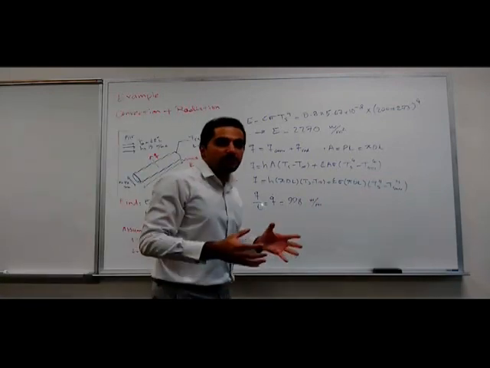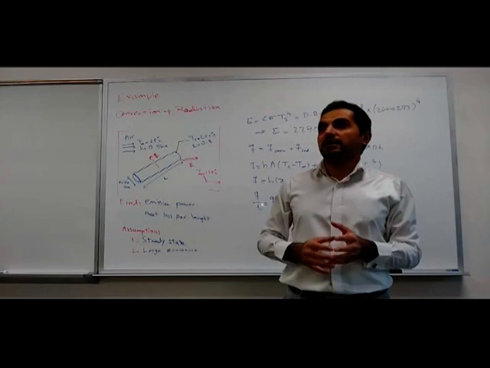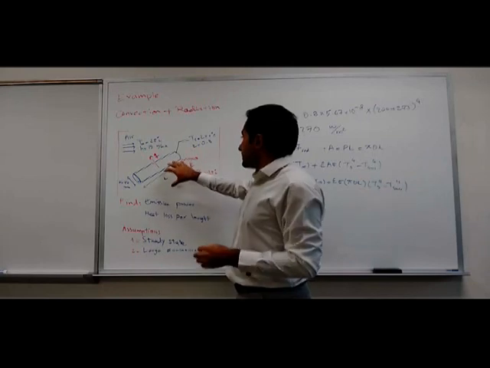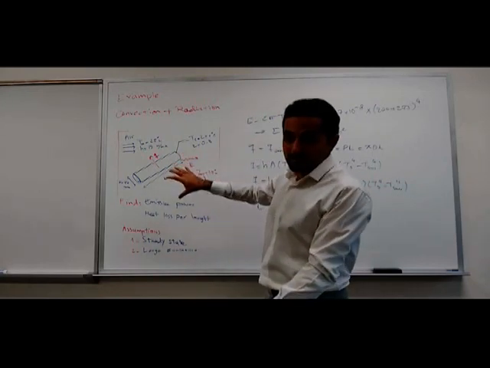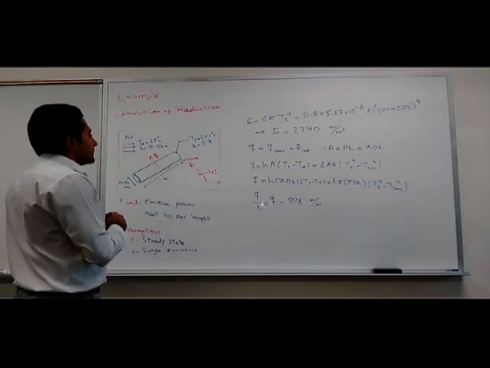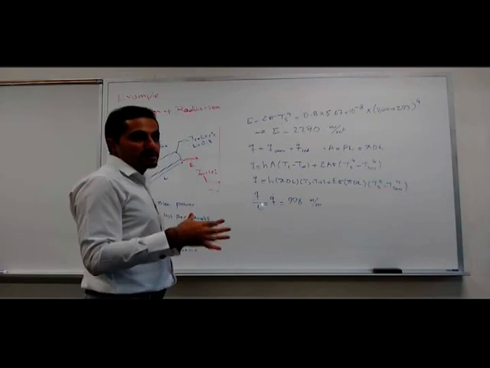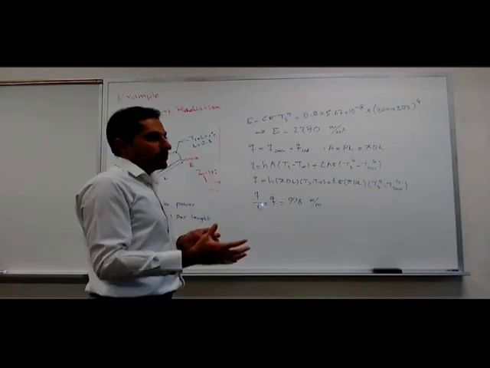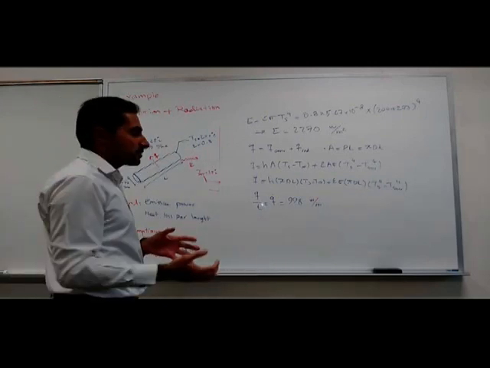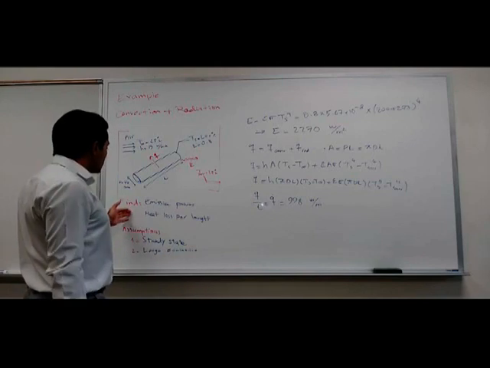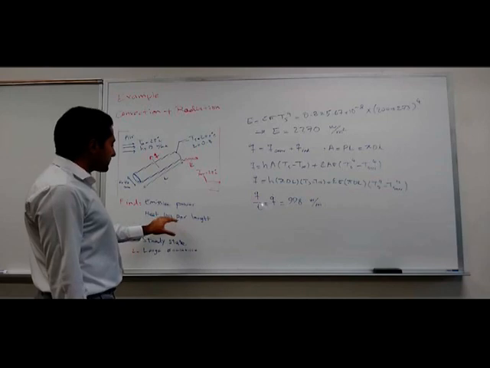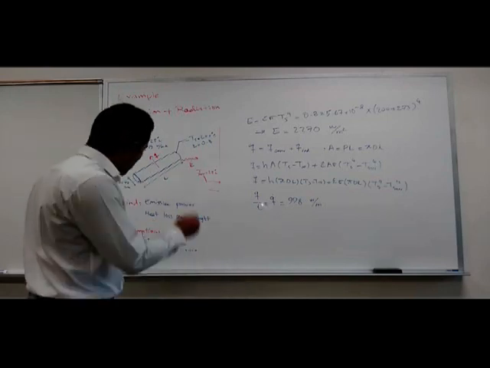We know that this pipe will definitely emit electromagnetic waves, because any material whose temperature is greater than absolute zero will emit electromagnetic waves. And we need to find the emissive power of the pipe and the heat loss per length for the pipe.